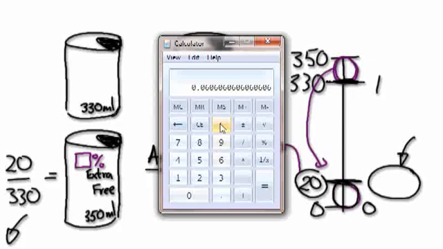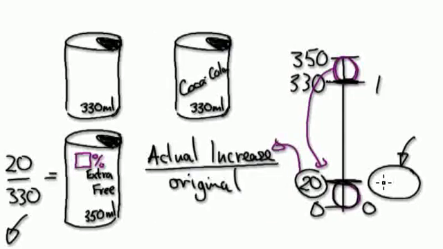So jump to a calculator, clear, 20 divided by 330 equals 0.06. So this level here is actually 1.06. So there's an increase of 6%. On your label, you can say, buy from us, we're giving you an extra 6% free of charge.